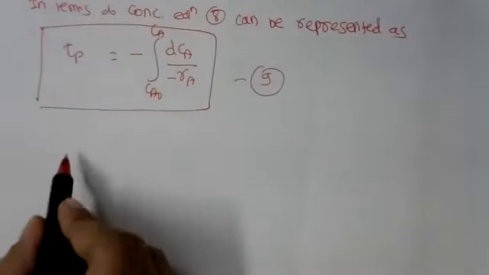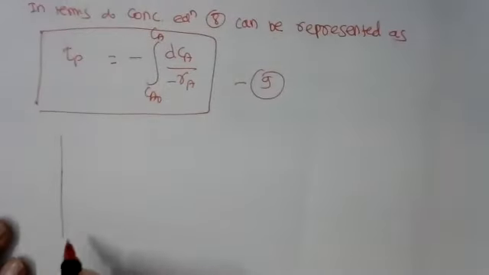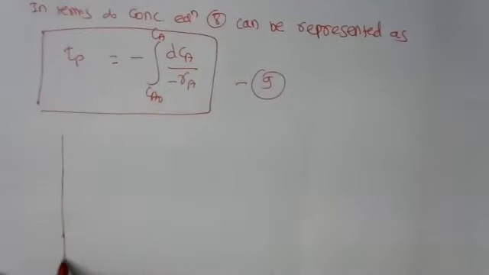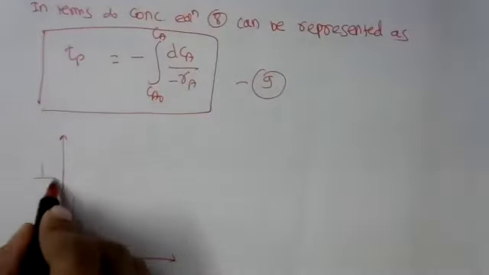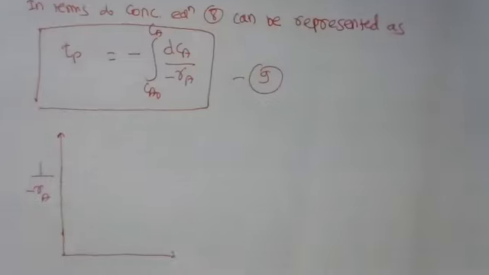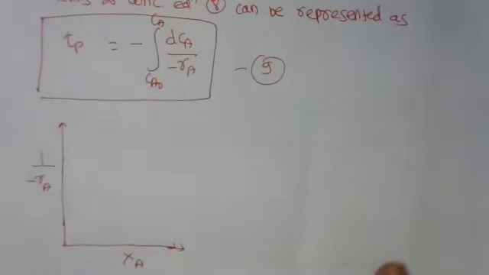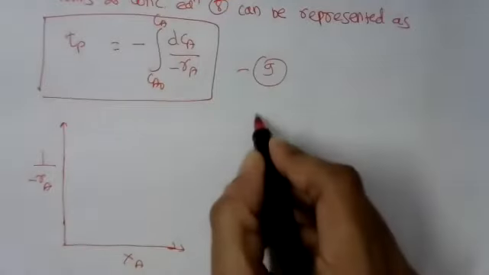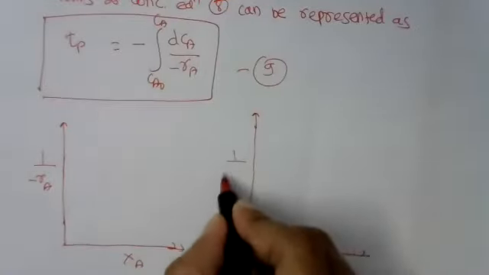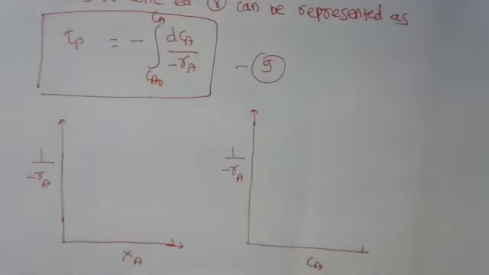So let us try to understand the performance of the plug flow reactor when the data of rate versus conversion is given. So the y coordinate will be say 1 upon minus RA, and suppose if the conversion is given, what will be the nature of the graph? And the second case will be when the data of rate versus concentration will be given, what will be the nature of the graph?